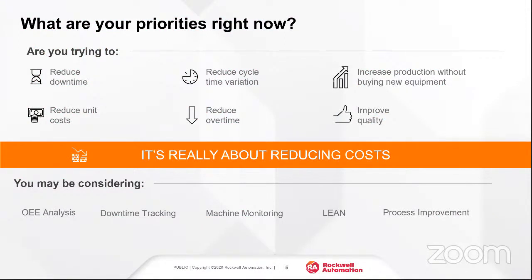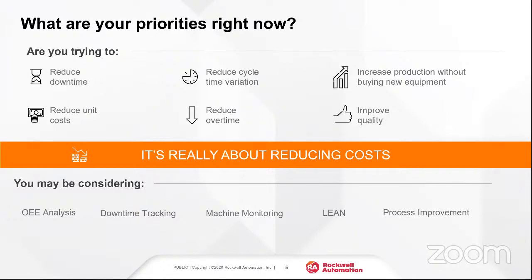Today's topic is overall equipment effectiveness, or OEE. You may ask yourself, does my plant or my process application need OEE? Well, that is the wrong question. The right question is, does my facility need to reduce cost? Does my process equipment need to be more efficient so that it can produce more within the same investment?